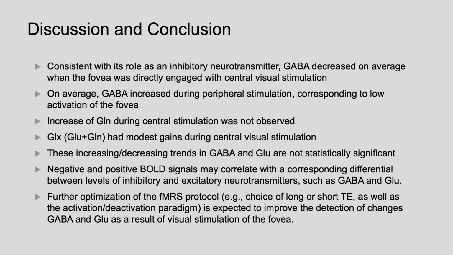However, the hypothesis remains to be convincingly shown that negative and positive BOLD signals are correlated with a transitory imbalance between the inhibitory and excitatory neurotransmitters, particularly GABA and glutamate, which are better detectable at 7T. However, in this study, the experimental paradigm as well as the choice of pulse sequence, including whether to use long or short TE, needs to be further evaluated and refined in order to more accurately detect these changes.